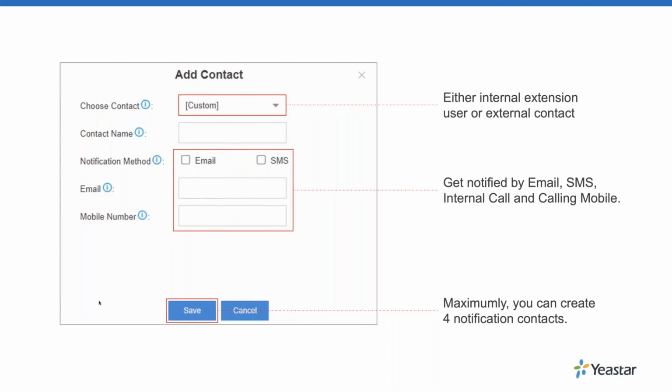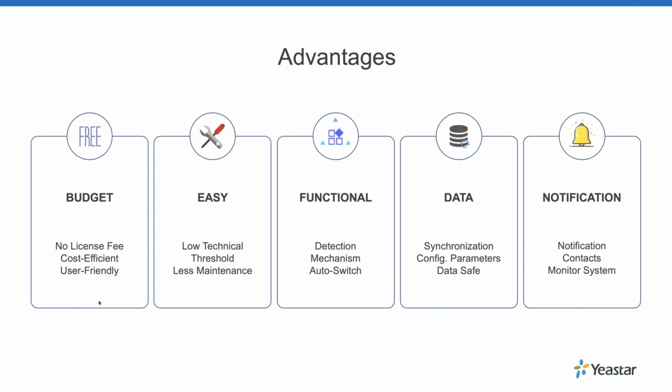Okay. Now let's keep going. So generally speaking, I guess the advantages of our hot standby solution, a few points will be very important, a few highlights here. The first one is that this is a budget control solution. Especially for our customers, because our customers who are using S-Series PBX are mostly small and medium-sized enterprise users.